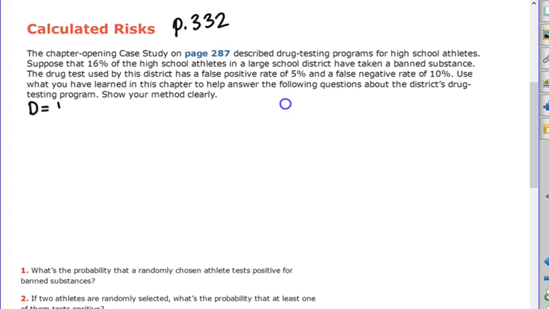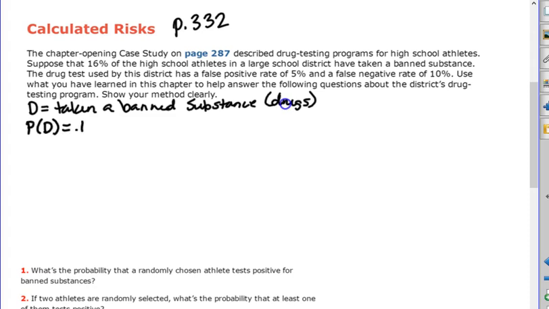D equals taken a banned substance. And so it says, the probability of D is equal to 0.16. So the probability of D complement, or not D, then would be 0.84.